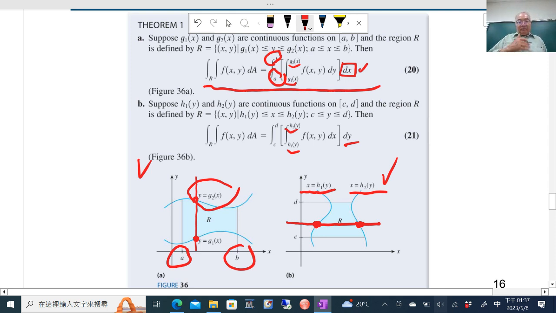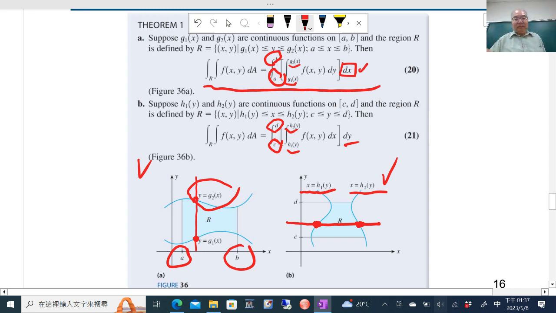And for the possible fixed y value, we start from c to d. So our y will be starting from c and going up to d. Our integration limits can be written in this format.